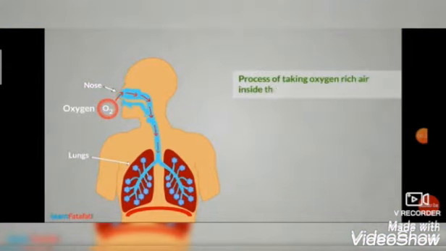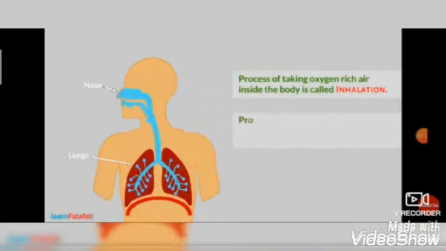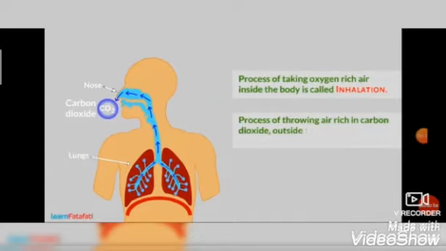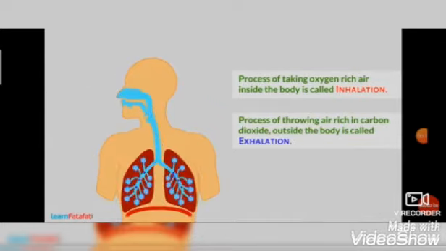The process of taking oxygen-rich air inside the body is called inhalation, and the process of throwing the air rich in carbon dioxide outside the body is called exhalation. Together, inhalation and exhalation is called breathing.